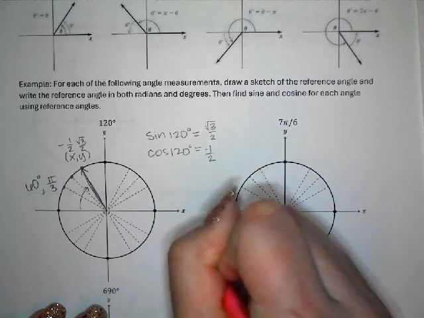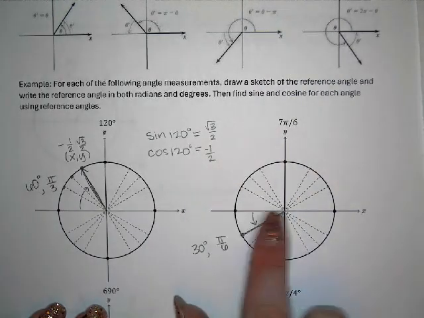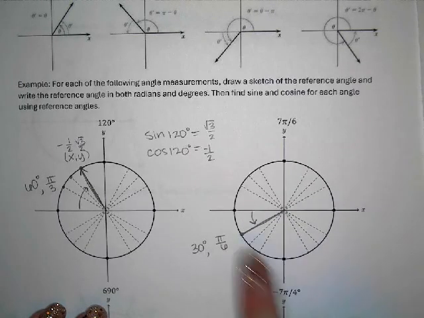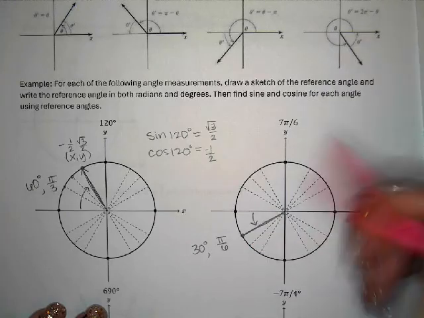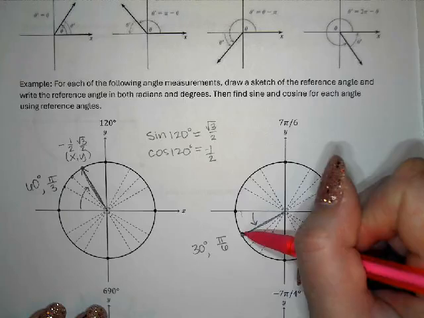So 6/6 is pi. This is 1/6 more, or 30 degrees. So to get to this x and y coordinate, I went left a lot and down a little bit. Left a lot and down a little bit.